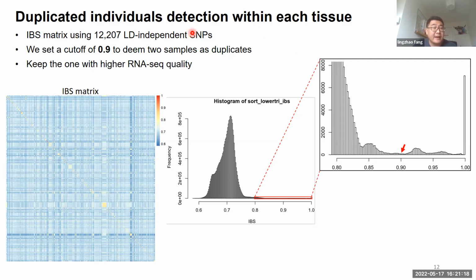So we built IBS and GRM matrices using independent SNPs to identify samples from the same individual. By looking at those samples, we decided to use 0.9 as a cutoff to detect duplicated individuals within each tissue, and kept the one with higher quality for downstream analysis.